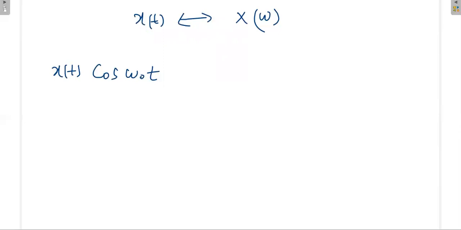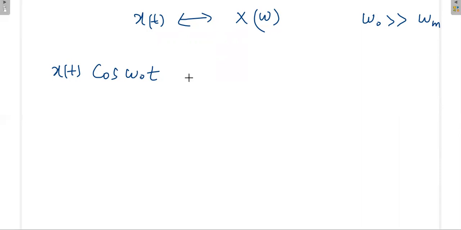Omega naught is much greater than omega m, the maximum frequency present in the signal x(t). Omega naught is a very high frequency, much greater than omega m. So x(t) cos omega naught t.